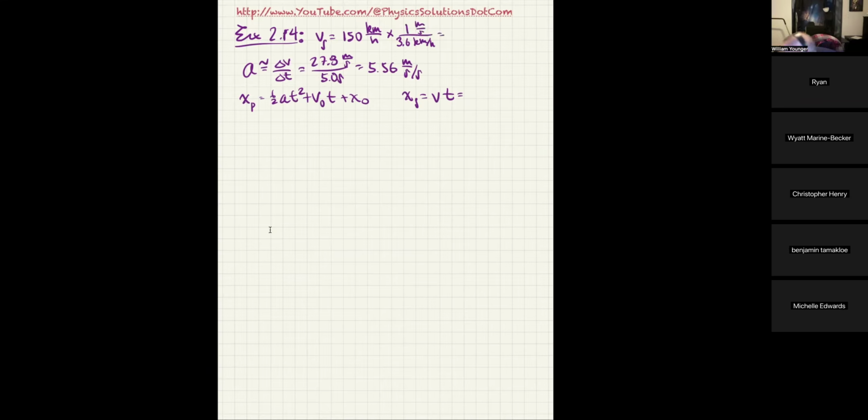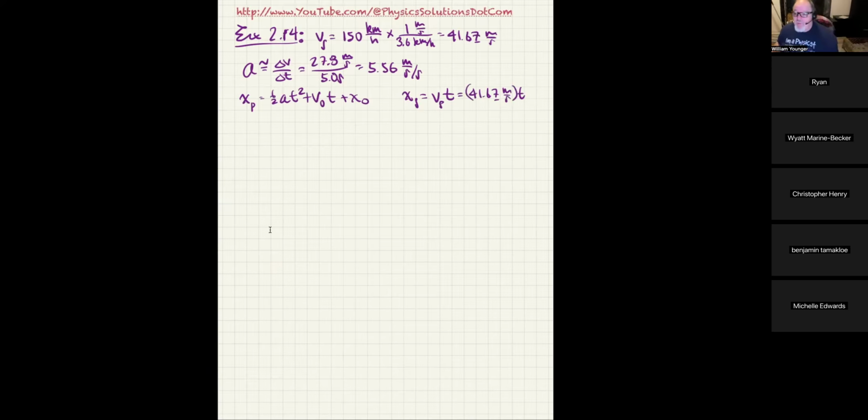So we take that 150 and divide it by 3.6, and that gives me 41.67 meters per second. That's the velocity of the speeder. So this is going to be 41.67 meters per second times time.